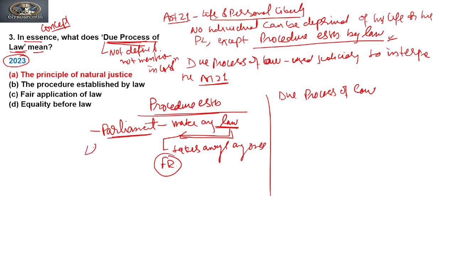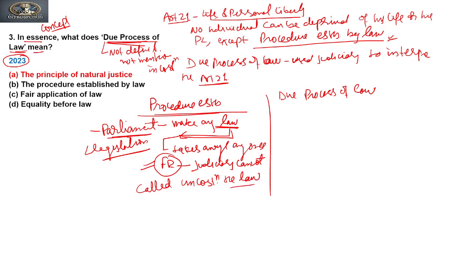So it means if through legislation Parliament takes away anyone's fundamental rights, the judiciary cannot call the law unconstitutional, because the action of a legislature has been defined through Article 21, that a person cannot be deprived of his life and liberty except procedure established by law.